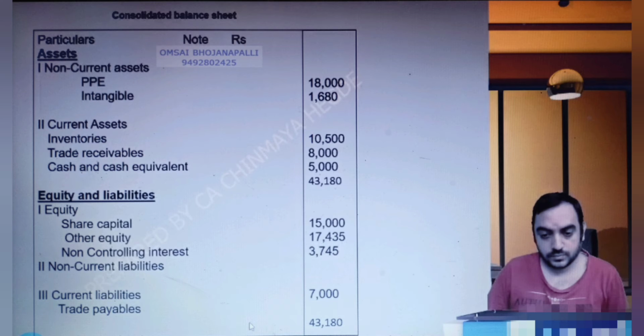Okay. Now on the date of acquisition, subsidiary had a book value, carrying value of 1500, and in group books they are revalued at 3500. So 2000 difference will be a fair value adjustment.